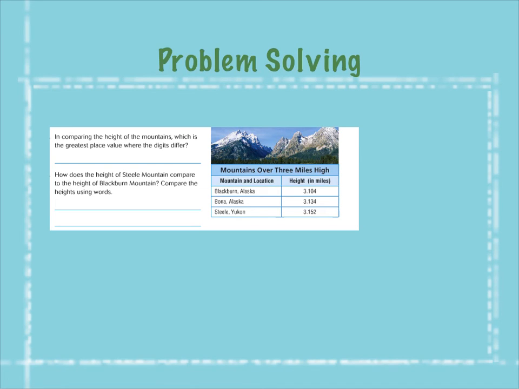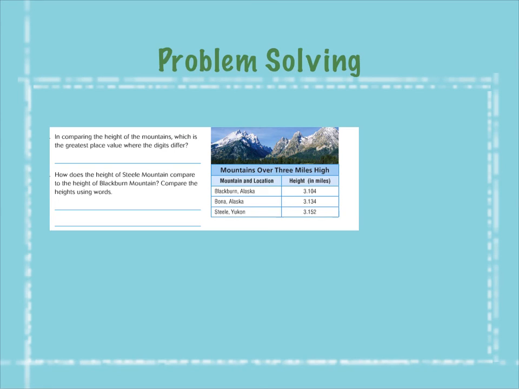So let's compare these 3 mountain heights. So first of all, in the ones place here, we can tell that all of them have the same height. They are all 3 miles high. Let's move over to the tenths place. I can see in the tenths place that they all have the same number still. And then in the hundredths place, this is where things start to get different.